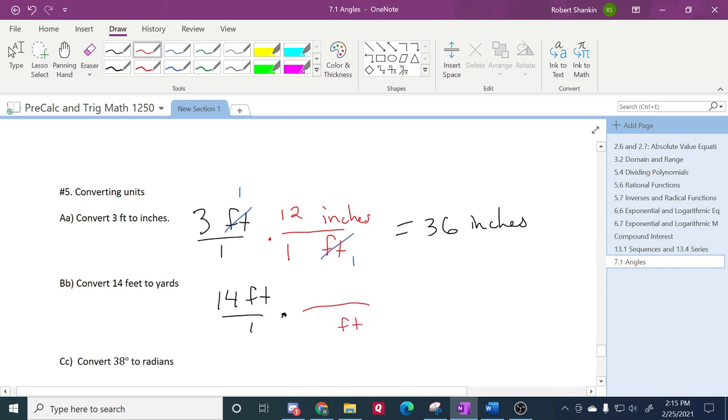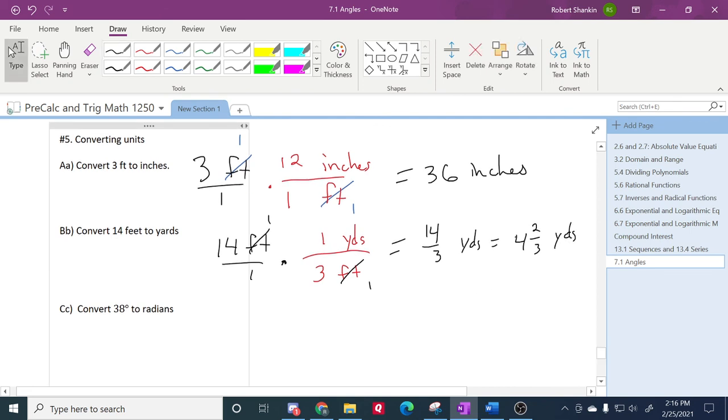Feet is what I want to get rid of. Yards is my new unit. 1 yard is bigger. I need 3 feet to equal 1 yard. So then, when I multiply these together, I get 14 thirds. These cancel out. Yards. Which is the same as what? 4 2/3 yards.